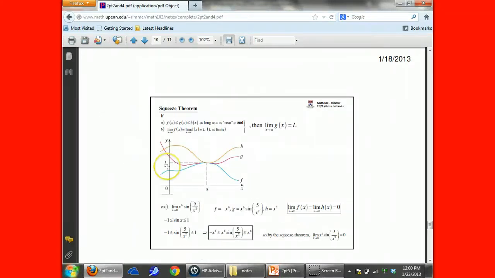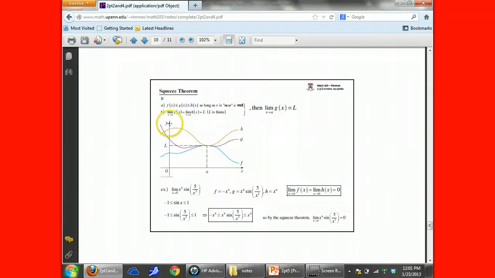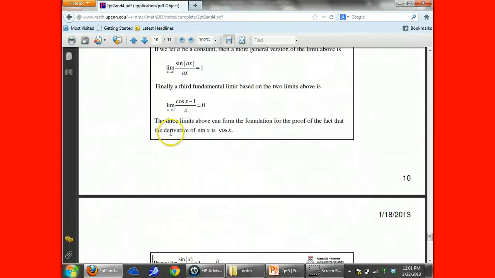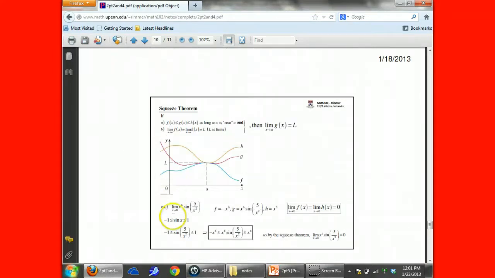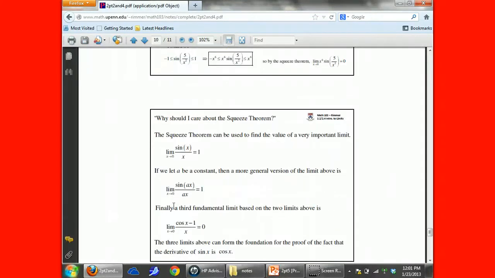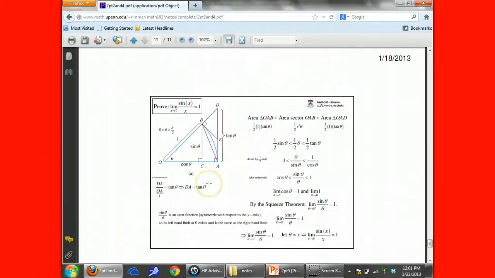We still have the squeeze theorem. But what I'm going to do is record a separate, shorter recording just of this. It should take like 10 to 15 minutes: explain what it is, use it in an example, explain why we care about it, and then see it used in action.